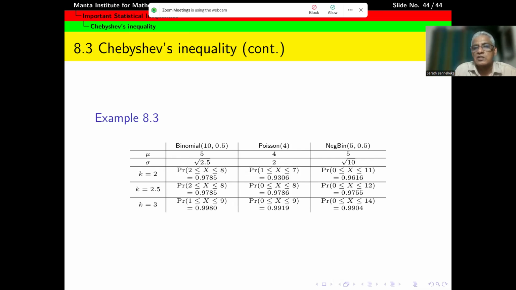The first one was Jensen's inequality, the second one was Cauchy's inequality, and the last one is Chebyshev's inequality. Right. So that is the end of this part of the lesson about important statistical inequalities.